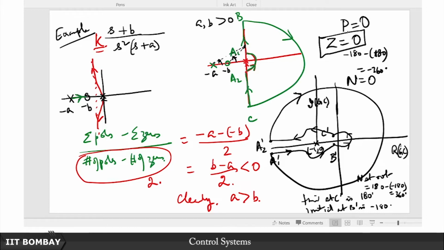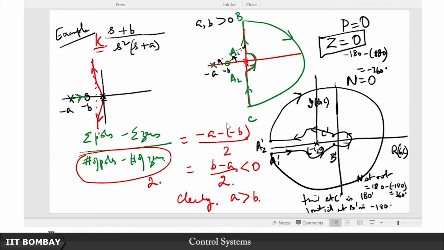So we see that Nyquist gives us a beautiful way of deducing the same things, only that we do not need to use the time domain tools, we can just stay within the frequency domain. So remember, we are evaluating G(j omega) mostly.